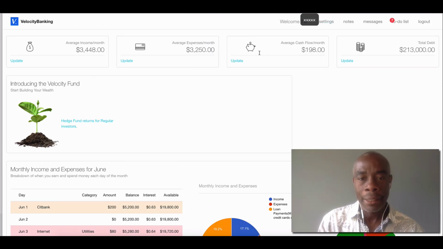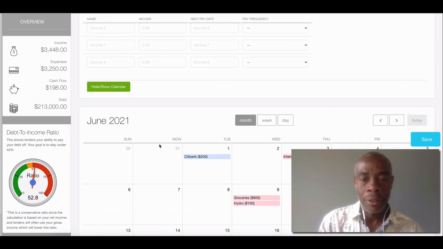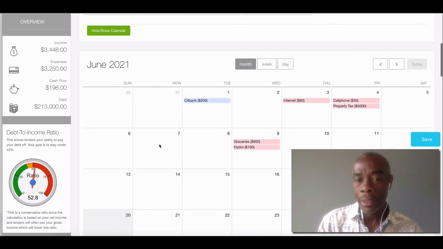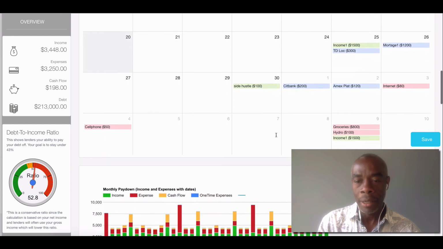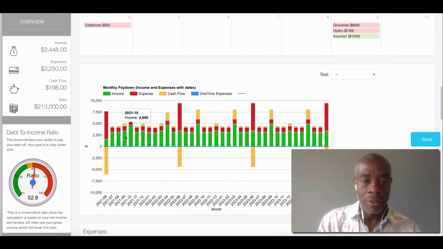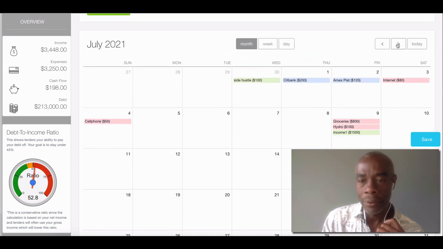And if you go back again, by hitting any of these, and you look at your calendar, you'll see your calendar is now populated as well. Again, all your expenses are in the beginning of the month, and you can see where you actually had a negative cash flow. So then you can take a look at it.